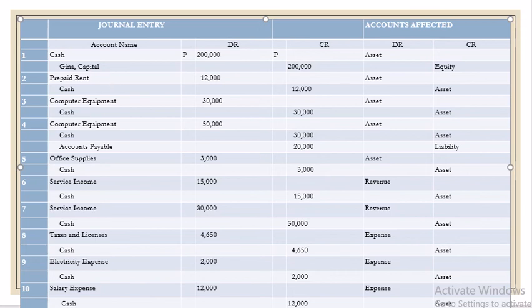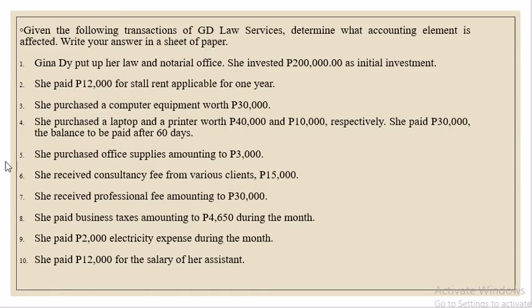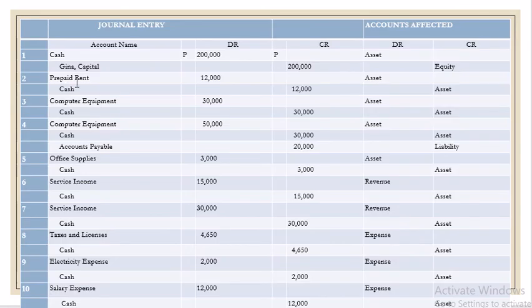Okay, next transaction. Number 2. Tingnan nyo sa number 2. She paid 12,000 for stall rent applicable for a year. So ano ito? So this is expenses. Nagbayad siya ng stall rent applicable for 1 year. So prepaid rent. Bakit prepaid? Binayaran niya yung isang taon, 1 year rent ng kanyang office, kumbaga.